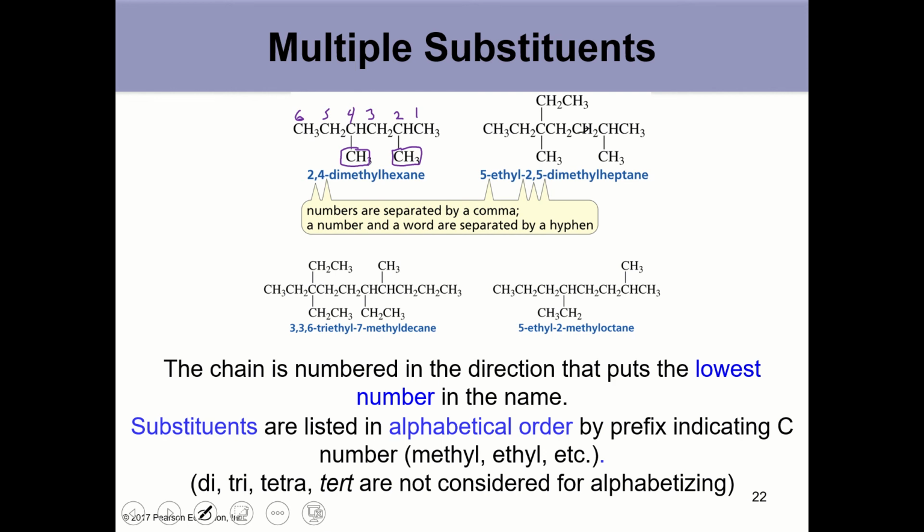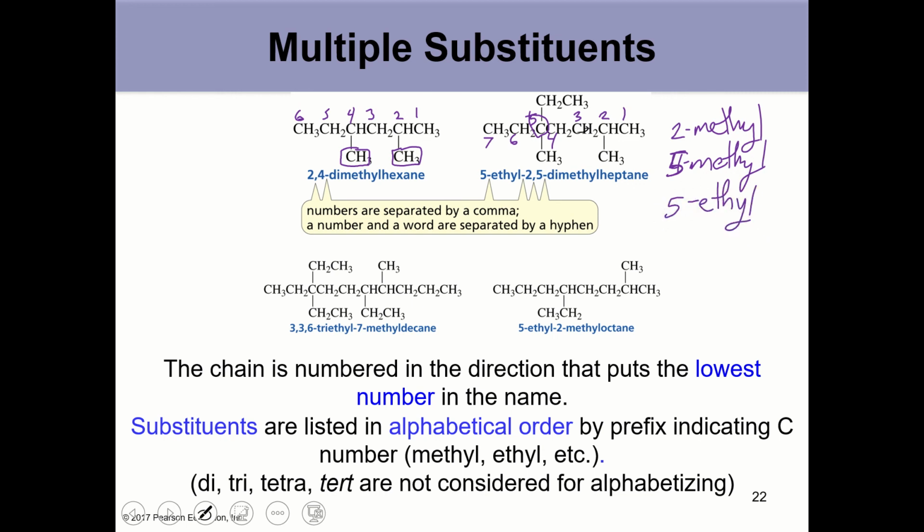So numbering the molecule to the right of that, I will number it from the right to the left. So this is a heptane, and I have a methyl group at carbon 2, a methyl group at carbon 5, and an ethyl group at carbon 5.